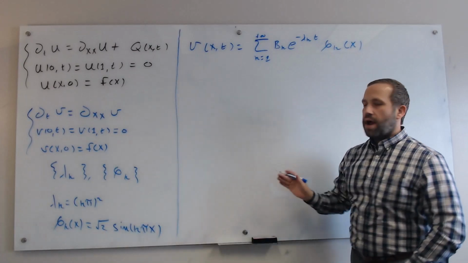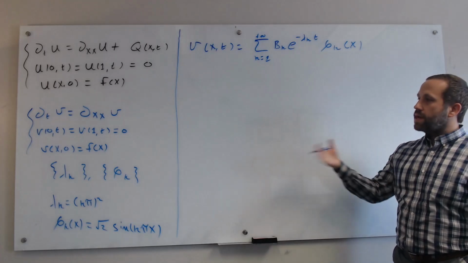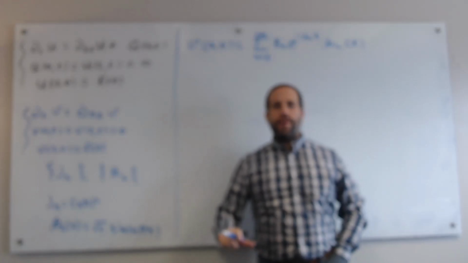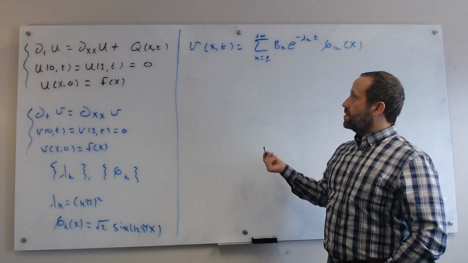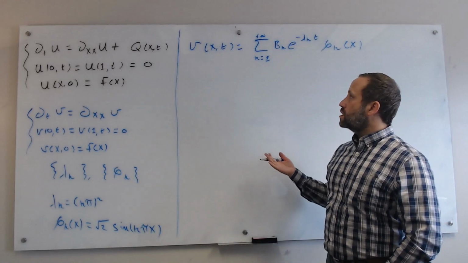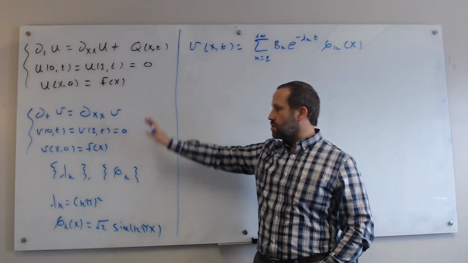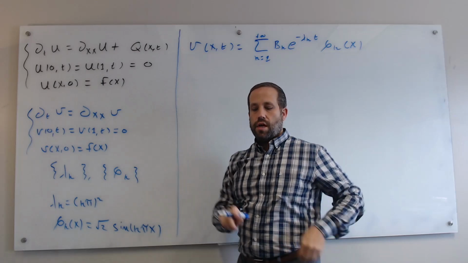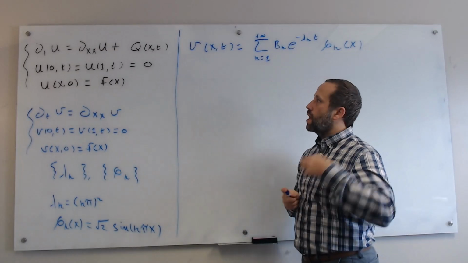We know we can write it that way. So the point is that we solve this homogeneous equation to get these eigenvalues and eigenfunctions. Well, what we're going to do is apply the idea of eigenfunction expansion, not just to v, which is a solution to this equation, but to u, which is the solution to the equation that we actually care about.